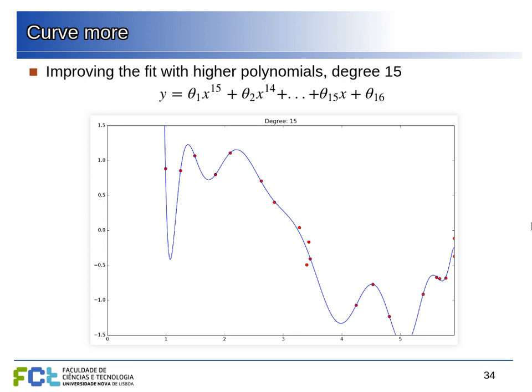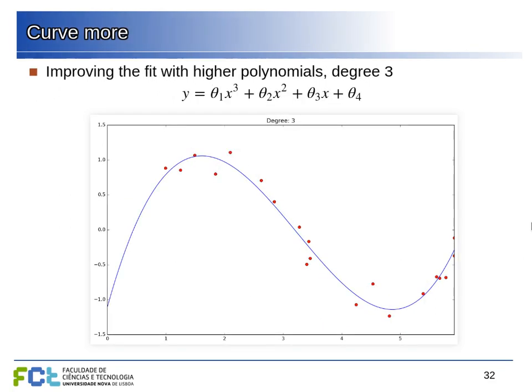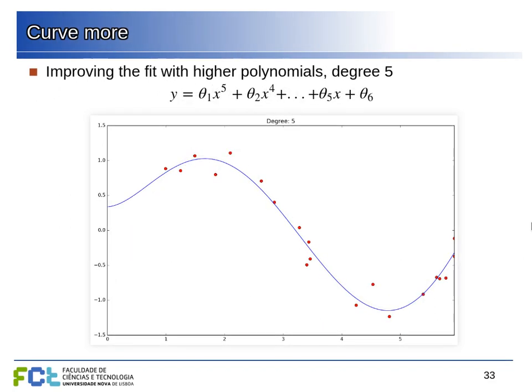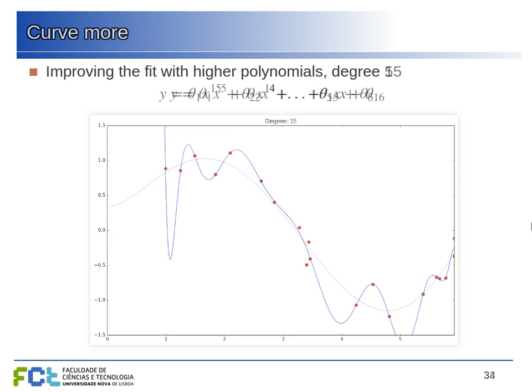And as you can see on these curves, the curves are always going closer to the data points, so we are improving our performance according to our measure, which is the squared error. Things are going to go closer to the data. But at some point this starts to become a bit ridiculous, because you see we are passing through all the points. This is working very well, but this is a very strange prediction.